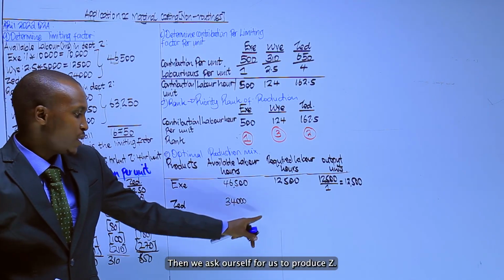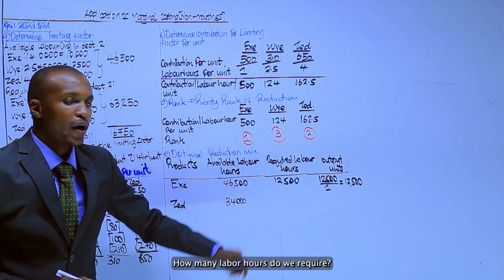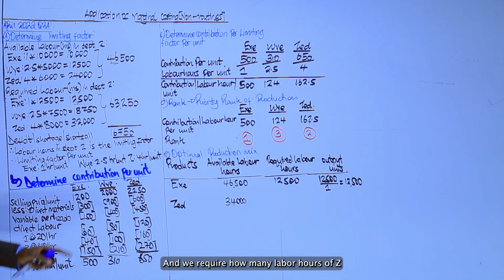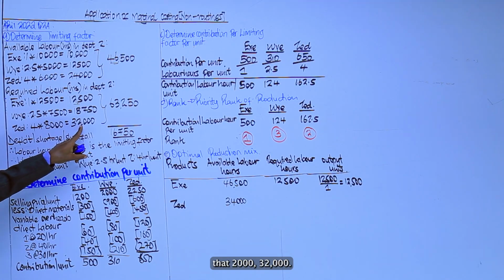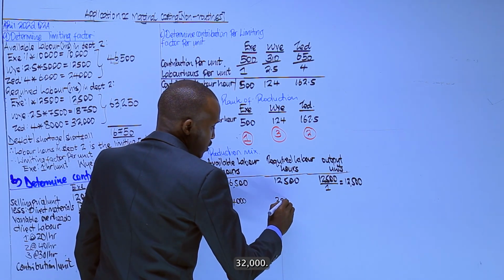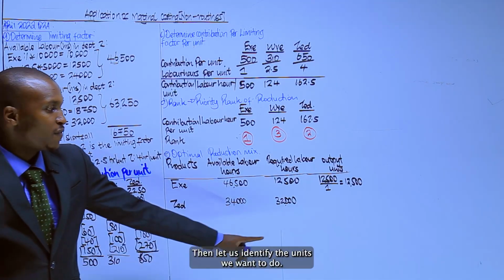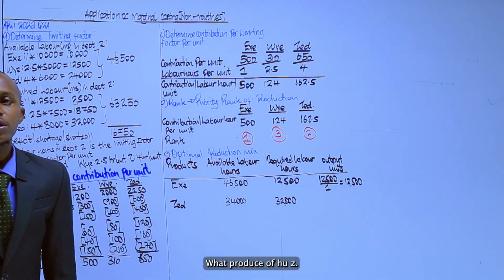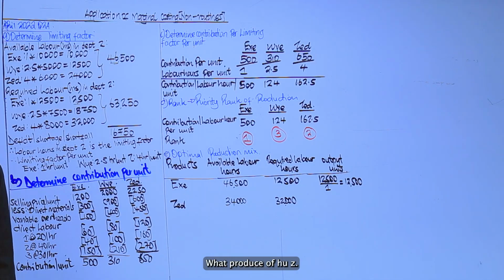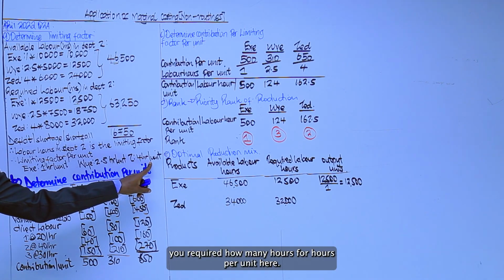Then we ask ourselves, for us to produce Z, how many labor hours do we require? 32,000. So here we are going to write 32,000 hours. Then let's identify the units we want to produce of Z. For you to produce a single unit of Z, you required 4 hours per unit.